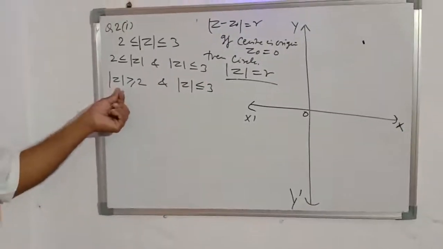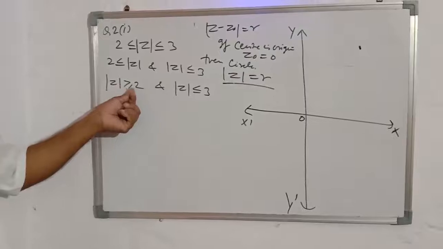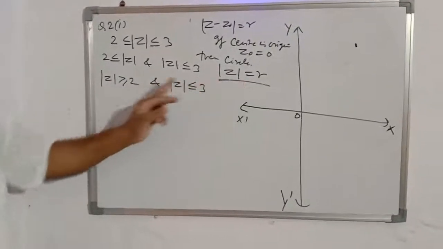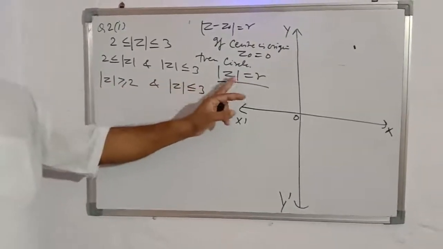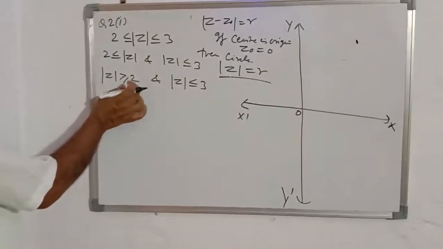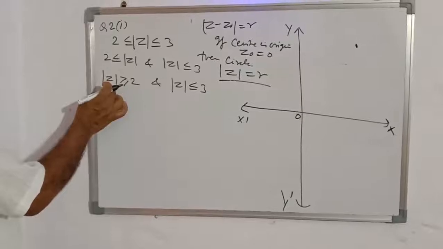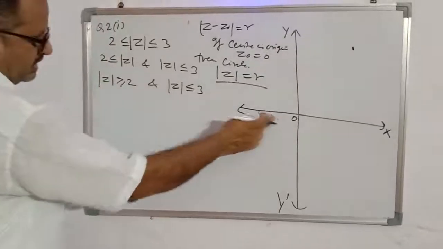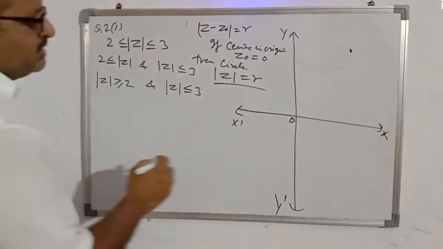What does it represent? |z| equal to r represents a circle with center (0, 0) and radius r. Here |z| is equal to 2. It represents a circle with center origin and radius 2 units.